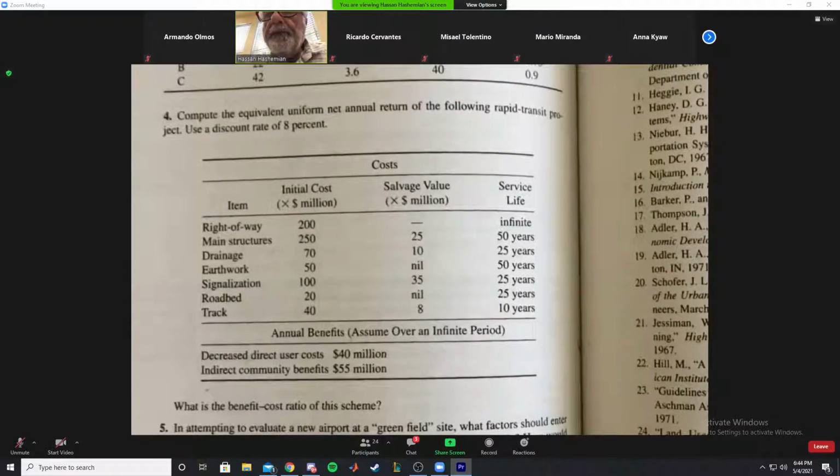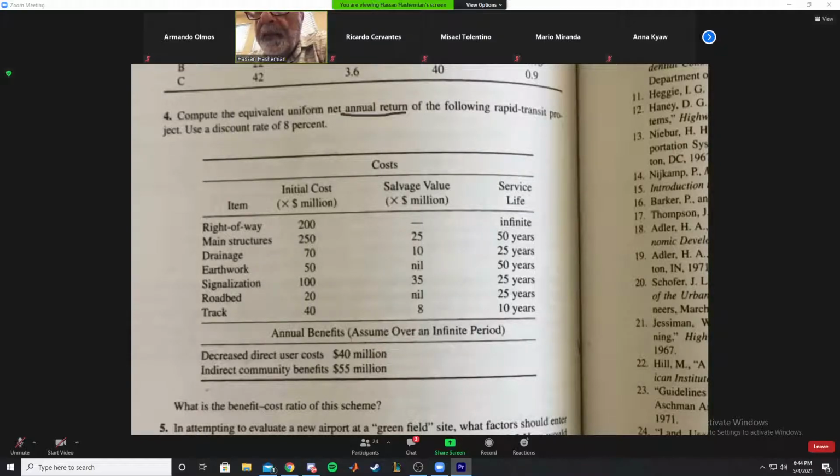They say compute the equivalent uniform net annual return of the following rapid transit project, use the discount rate of 8%. Okay? So they want you to do annual return. So we have to make everything annual.